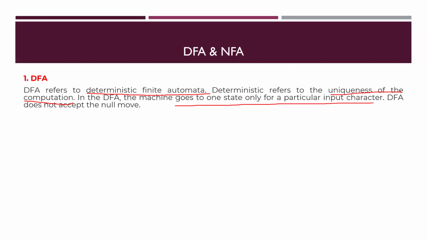When I'm in a particular state, say for example state Q naught, upon some input symbol you will either be going to another state or you might stay in the same state. So for a particular input symbol, you will not be able to transit to two different states. You will be able to go to only one state.